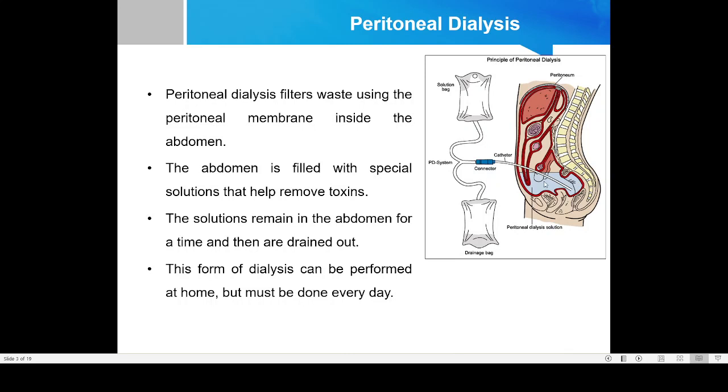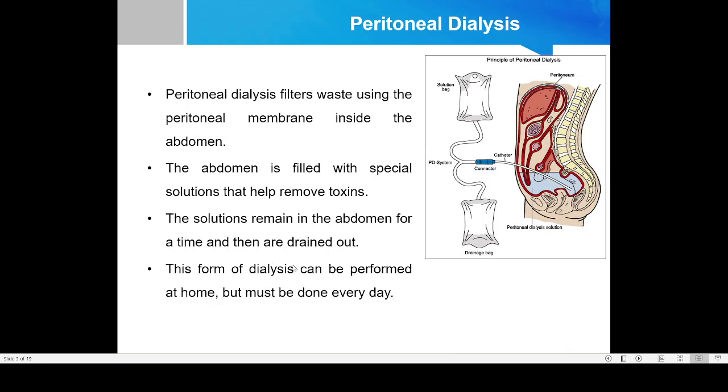So it is actually a process of diffusion or osmosis. This peritoneal solution will then be accumulated with various waste materials present in your body, and when it is completely accumulated with the waste material, it will be removed from your body. So this process is known by the name peritoneal dialysis.